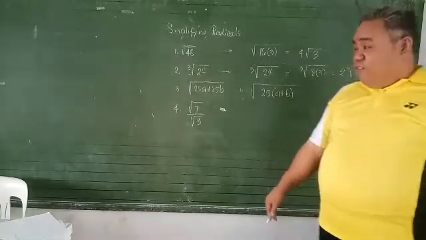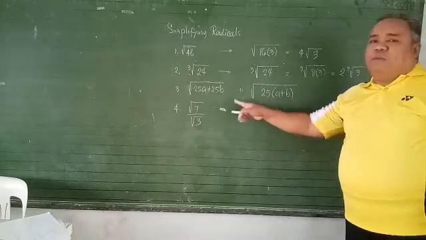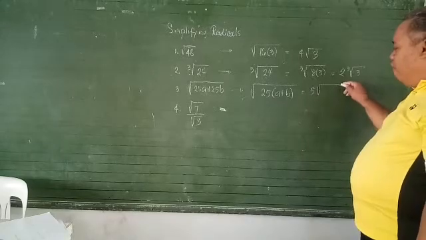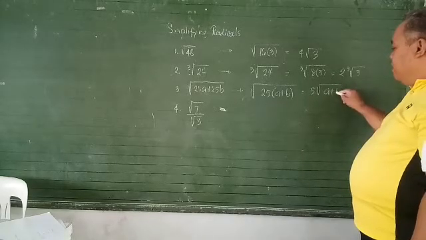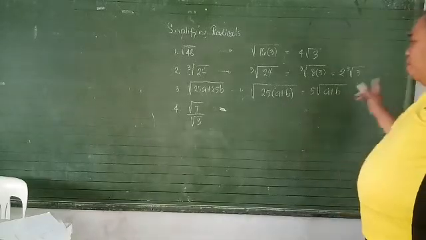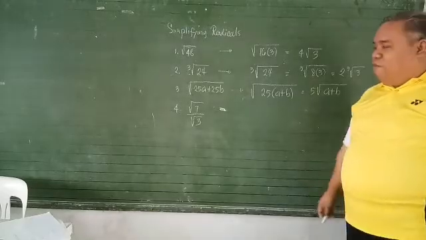So this time, you can see that there is a perfect square, which is 25. So we're going to take out 25 as a perfect square. We have here 5 square root of a plus b. And a plus b is an irrational number, right? It can't be a perfect square. So that will be the simplified form.